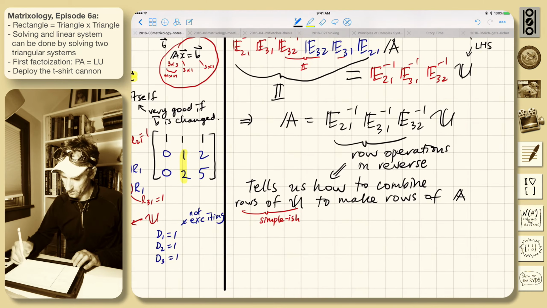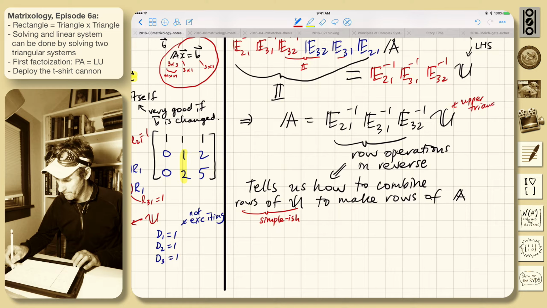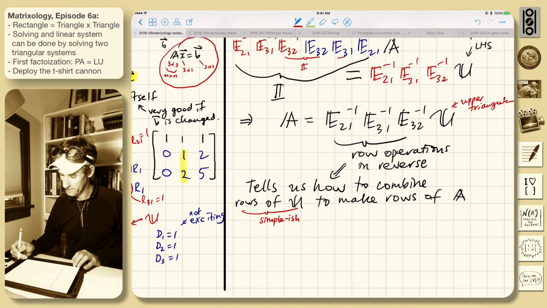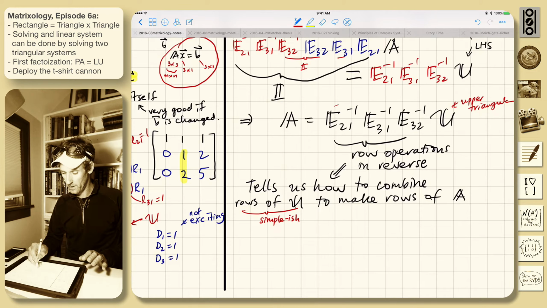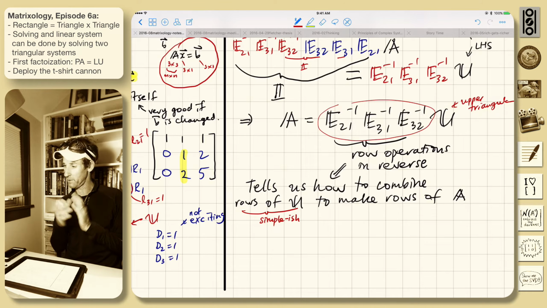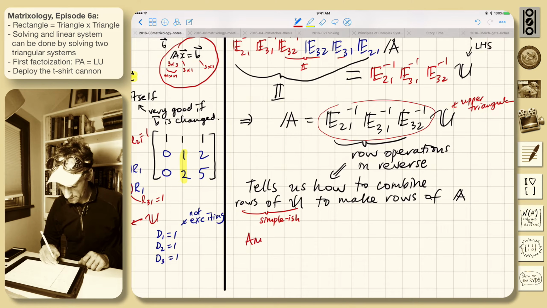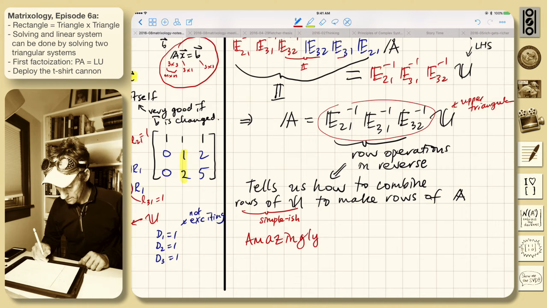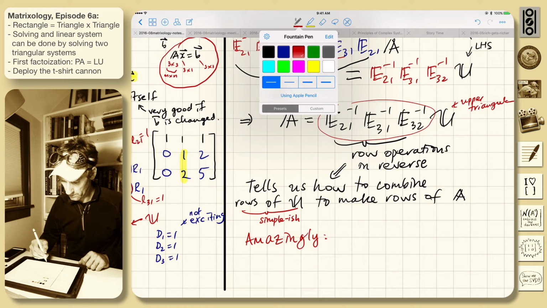Let's get this again. So this is upper triangular. And what we'll see is all of this stuff, we're not quite there yet, turns out to make a nice, we can always figure out what that product is. It will be lower triangular. So this is amazing, we see this.